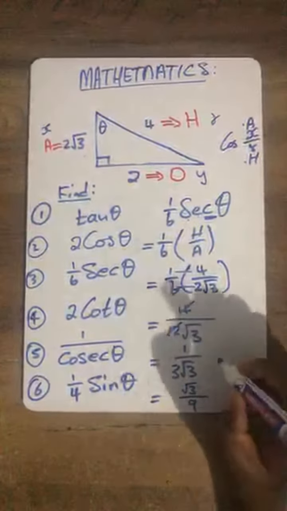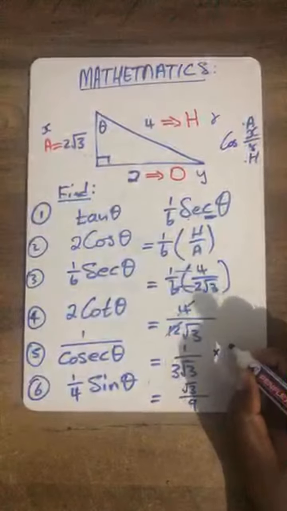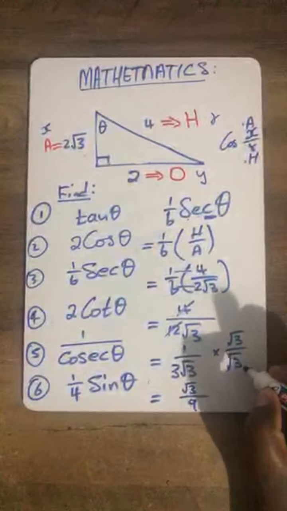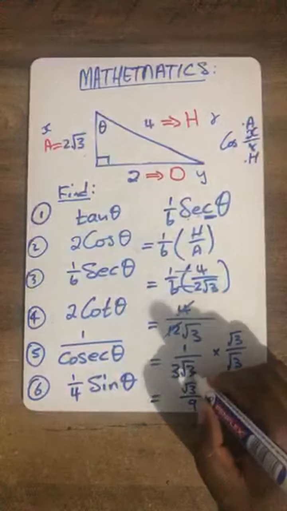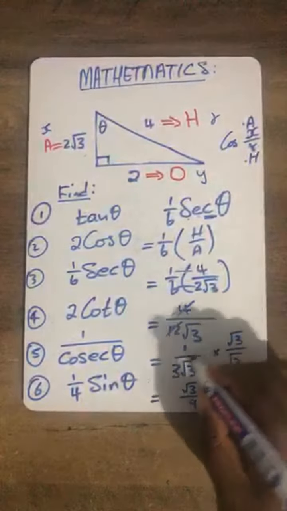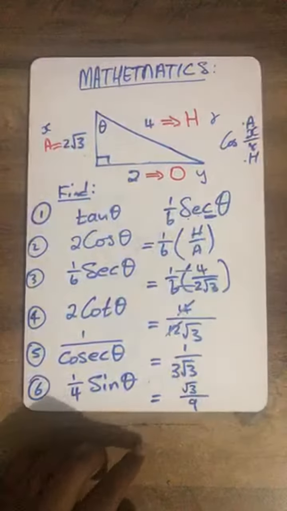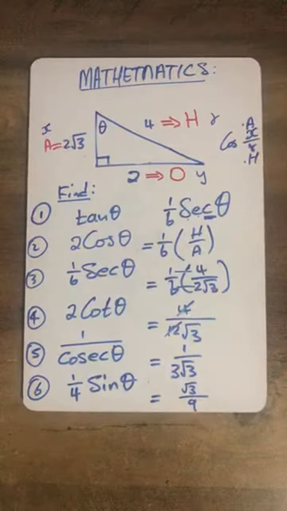What you need to do is remove that square root: you multiply by 1, and that makes it 3 times 3, which is 9. Let me quickly confirm that one.